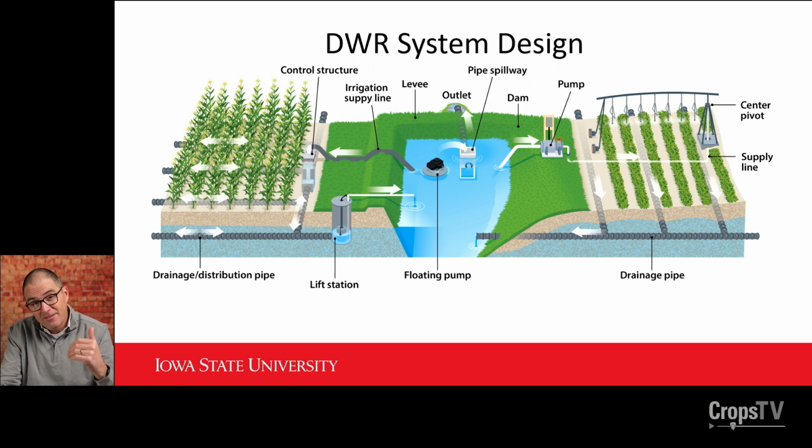There are a lot of pumps involved, maybe a little bit different system, but what we're doing is we're storing that water that would have otherwise gone downstream. That drainage water would have had nitrate. We're going to store it, keep it there, and reuse it rather than letting it go to a downstream water body.